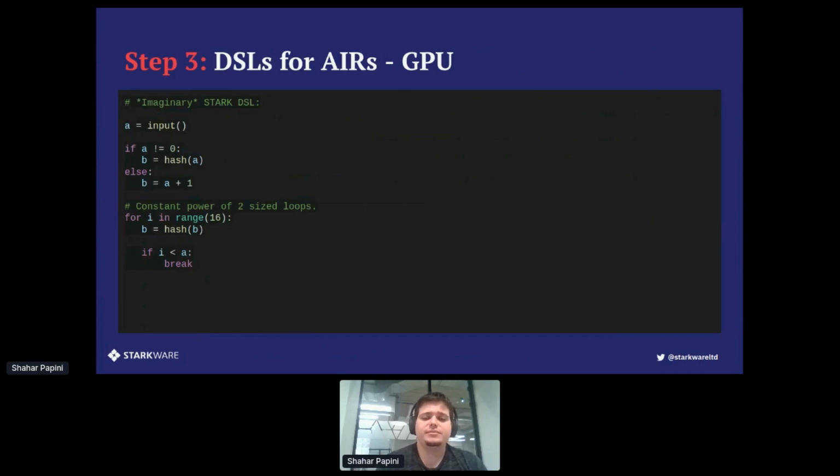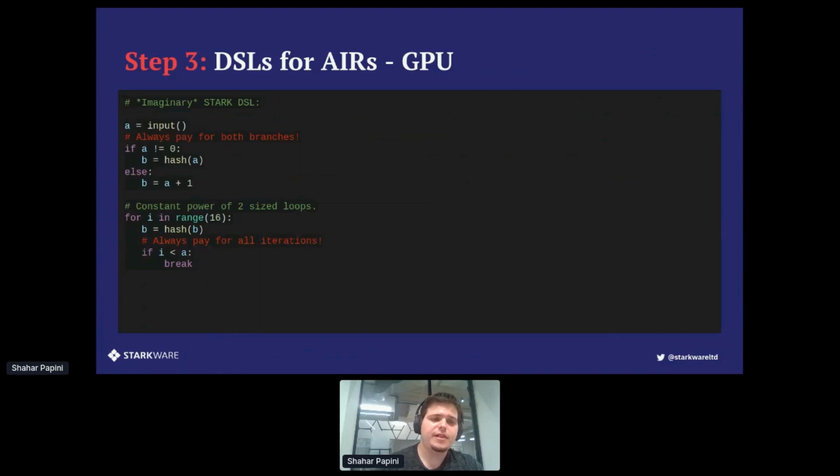But what does it mean, a language for AIRs? Well, we can think of this imaginary language that has some logic in it, and we can take this code, something that looks like code, and translate it to a trace and constraints for some problem. Well, this seems nice, but there are a few problems that arise from this.